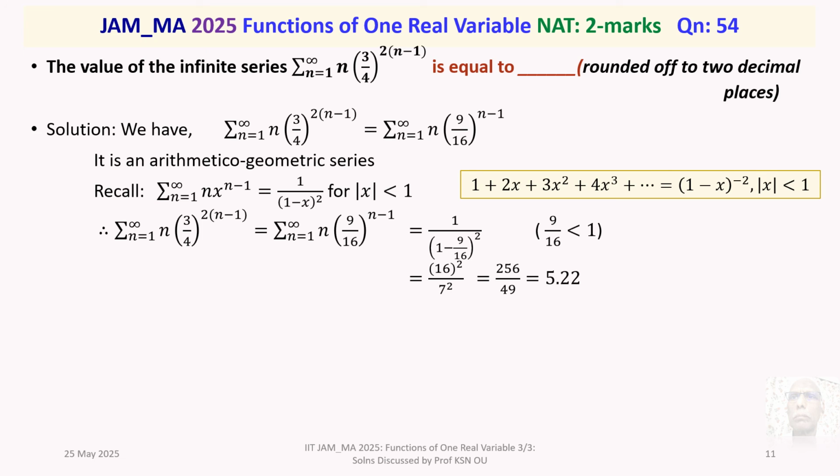So, the value of the infinite series, rather the sum of this infinite series, is 5.22. That is the detailed discussion of the solution of this problem. It is a very simple and straightforward question.